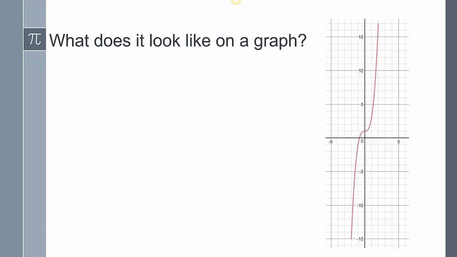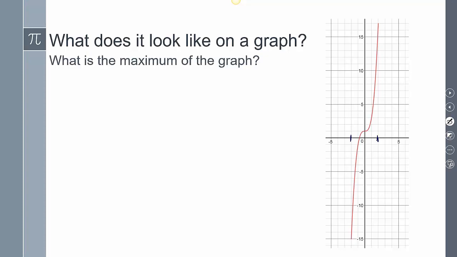So let's take a look at this on the graph. Here's my interval between -2 and +2, and it's been graphed in that interval. If I wanted to know what the maximum of this graph is, remember it's the highest value, and that maximum looks like it stops at 17.